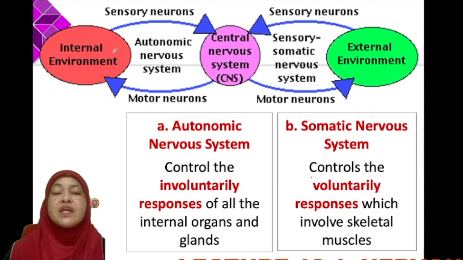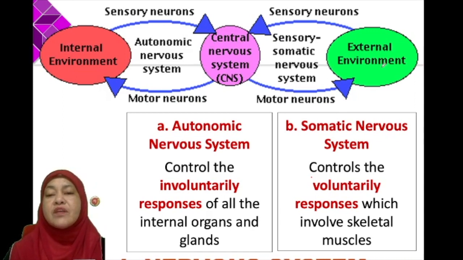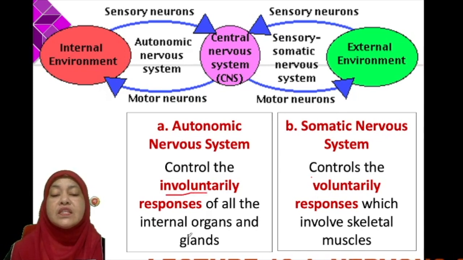From this diagram you can observe that the neurons, especially the sensory neurons, detect changes in both the internal and external environment of the CNS. The autonomic nervous system, as mentioned earlier, controls the involuntary responses of all the internal organs and glands.